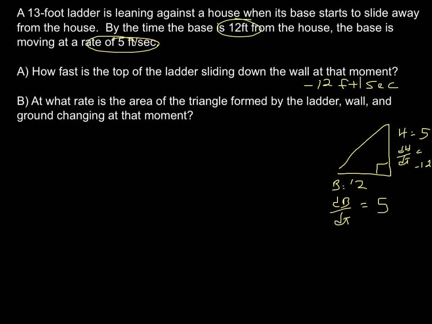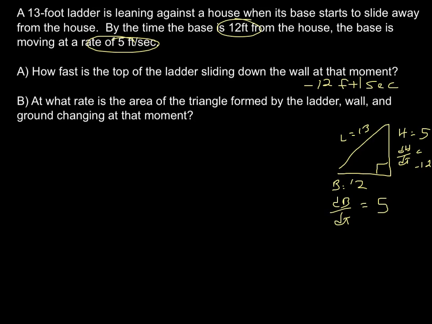Now, this is a coincidence that the rates and the lengths have switched places in these two quantities. That doesn't always happen, so don't read anything into that. And then L was 13, and dL/dt was 0.